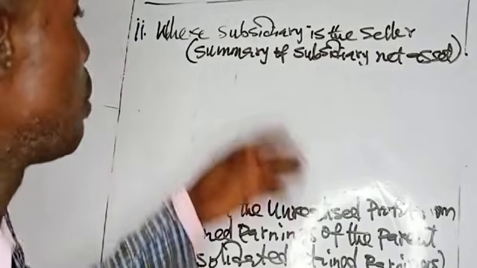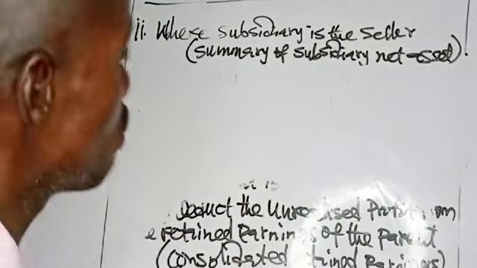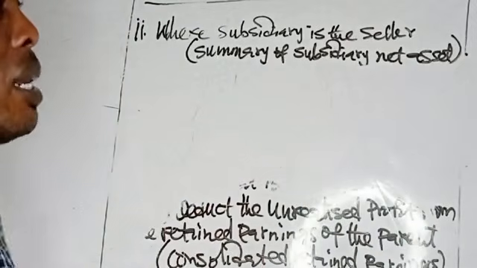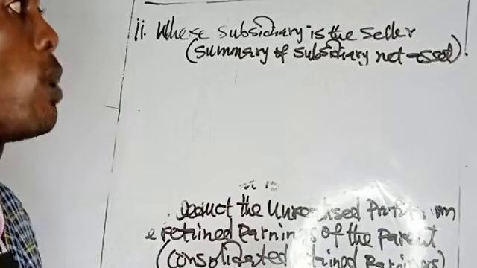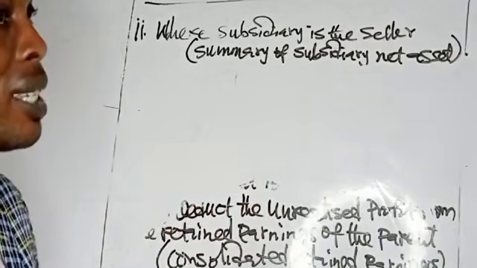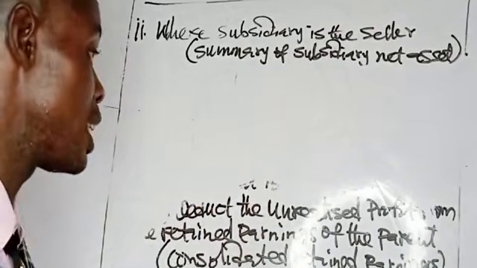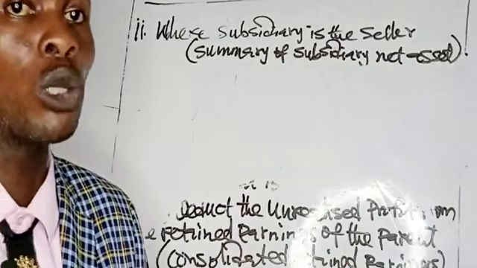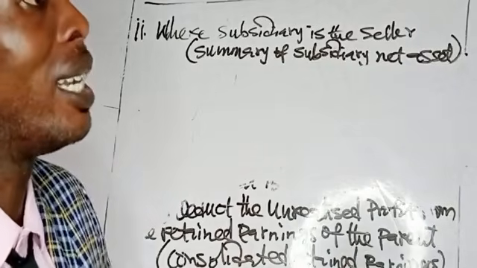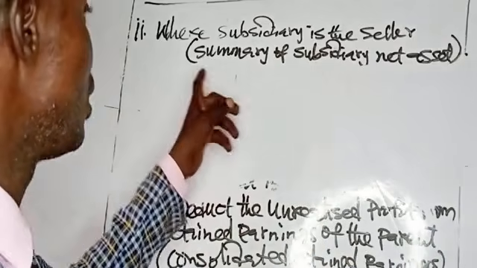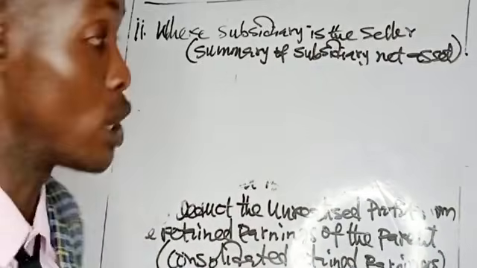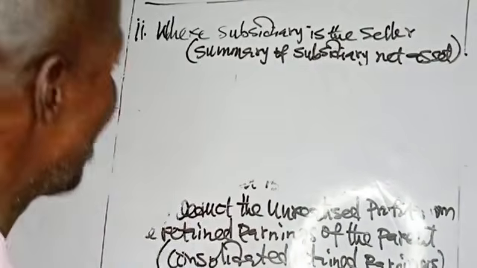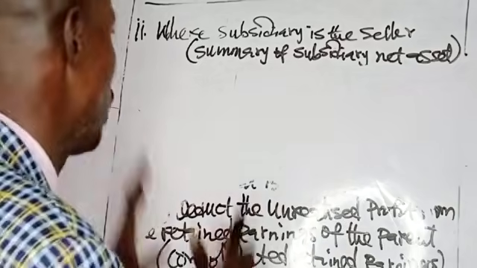So don't be confused, because you might see some other treatments whereby they apply, let's say parents acquire 80%, they calculate 80% of unrealized profit. They deduct it in the parent company's retained earnings. Then when they get to non-controlling interest, they calculate 20% again. They deduct it in the calculation of non-controlling interest. Don't be confused. I have compressed those adjustments. Just follow what I teach you.